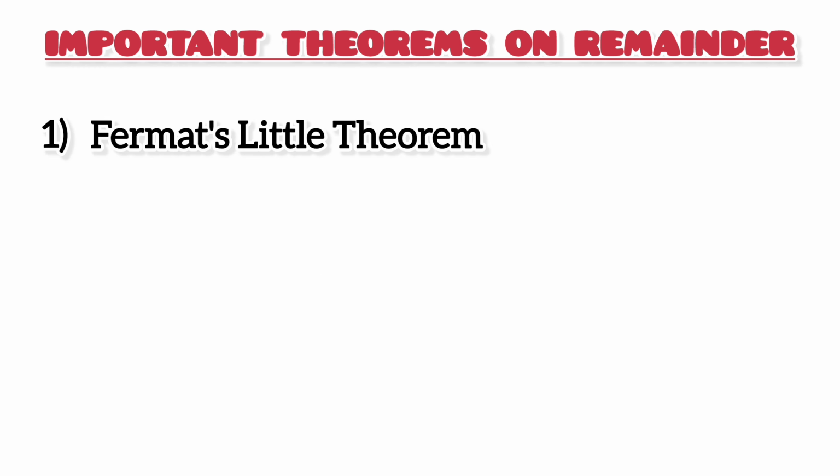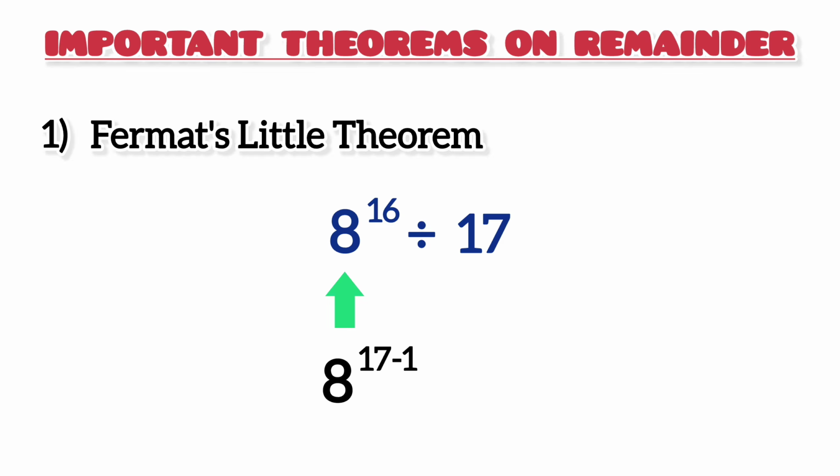For example, if you need to find the remainder of 8 raised to the power 16 when divided by 17, here 17 is a prime number and 8 raised to the power 16 is in the form of a raised to the power p minus 1. So without any calculation, using this theorem, you can say the remainder is 1.